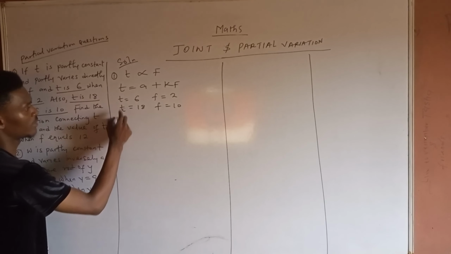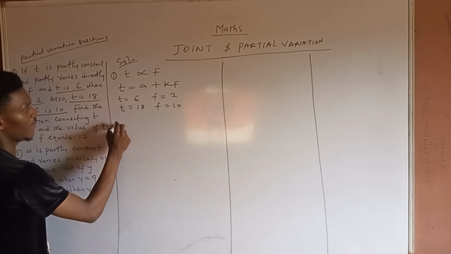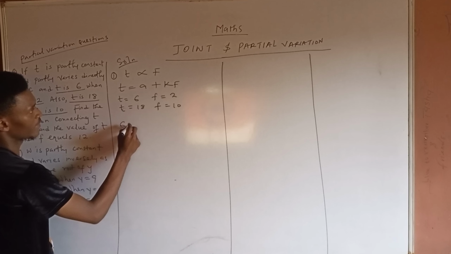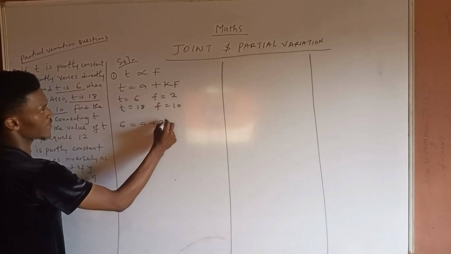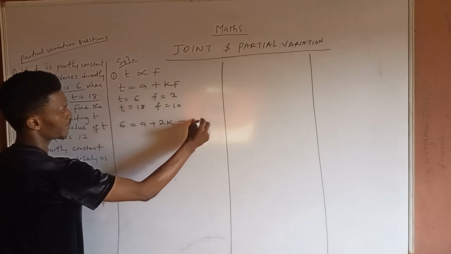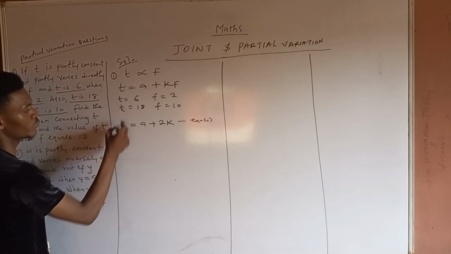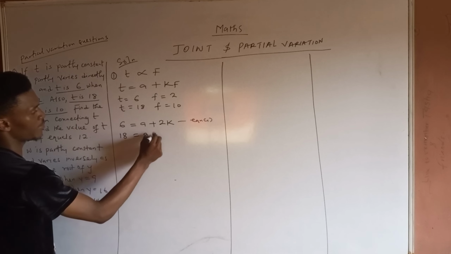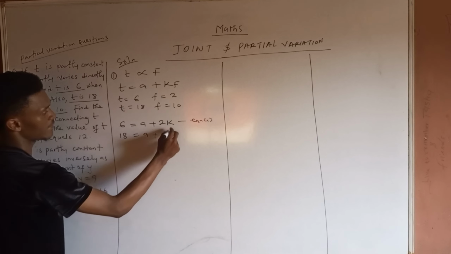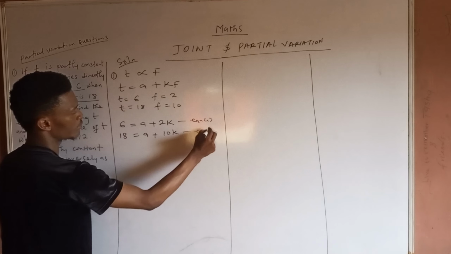So in the first equation, that's this expression here, our t is 6, then equal to a plus, in place of f it becomes 2, so that's 2k, equation 1. Then equation 2, we have 18 in place of t equal to a plus then 10k, that's equation 2.